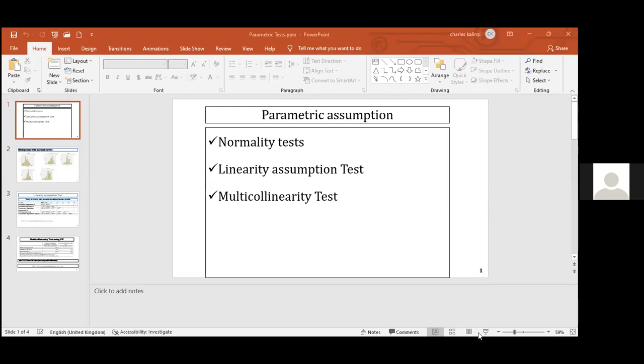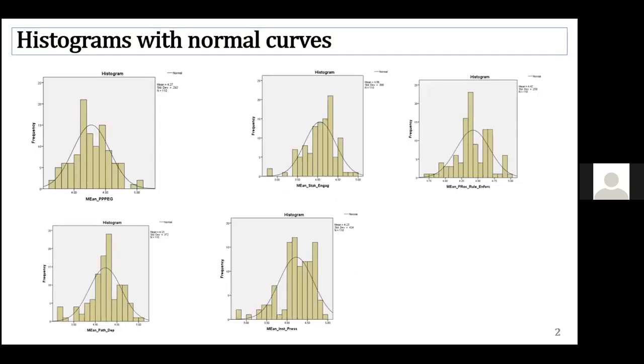And here, as you can see, the histogram. For instance, the one for procurement performance expectation gap, which is our DV, is the most near normal, and path dependence is normal. This one is also almost normal. This one is slightly skewed.